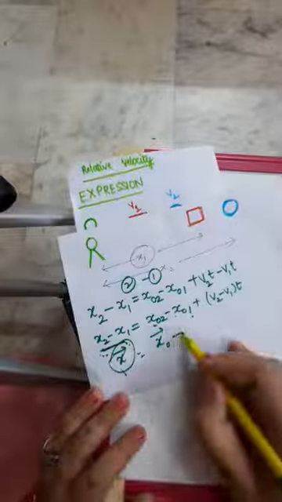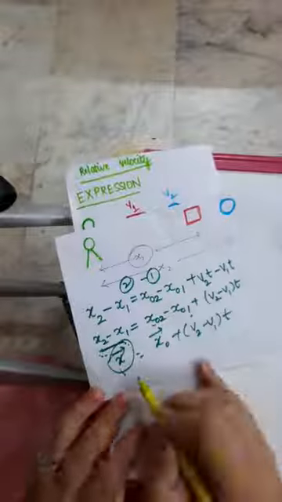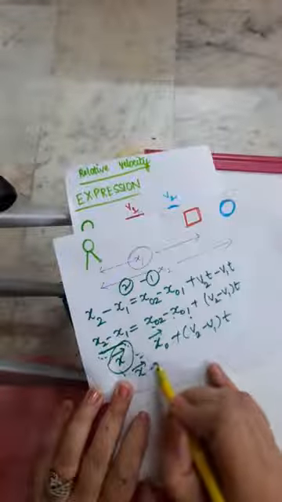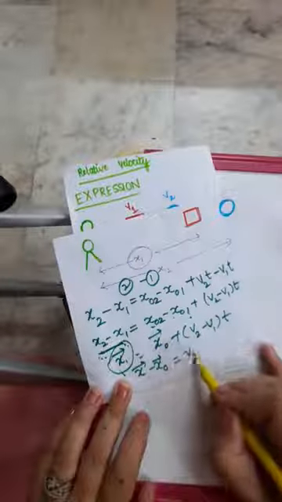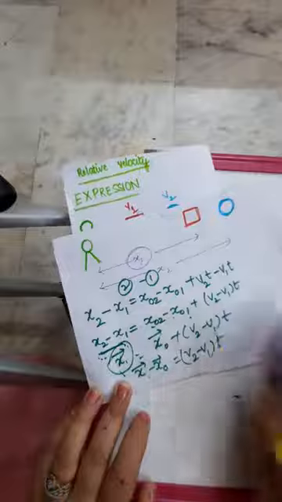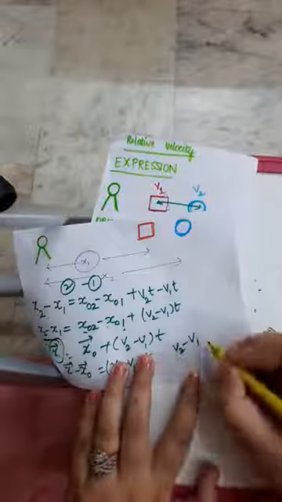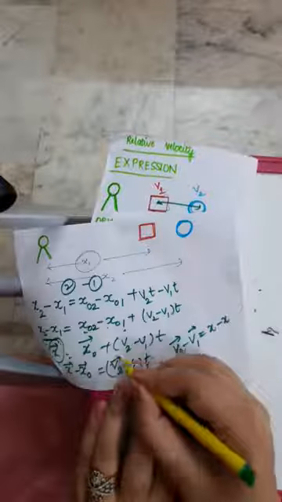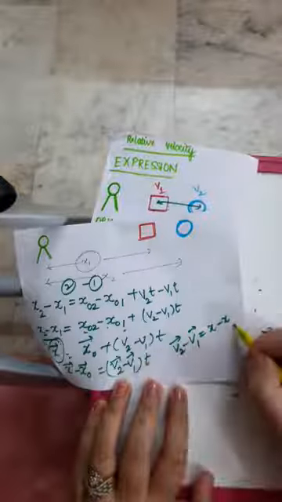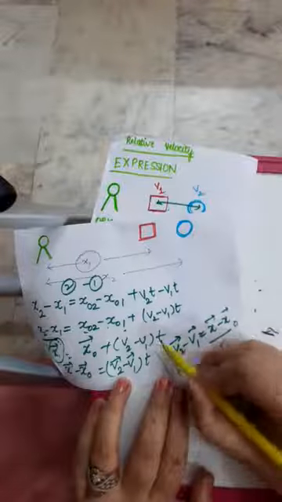And this is (v2 minus v1)t. So x minus x naught equals (v2 minus v1)t. Now take t to the other side: v2 minus v1 equals x minus x naught divided by t. Of course, these are vector quantities except time. So this is the expression for relative velocity.